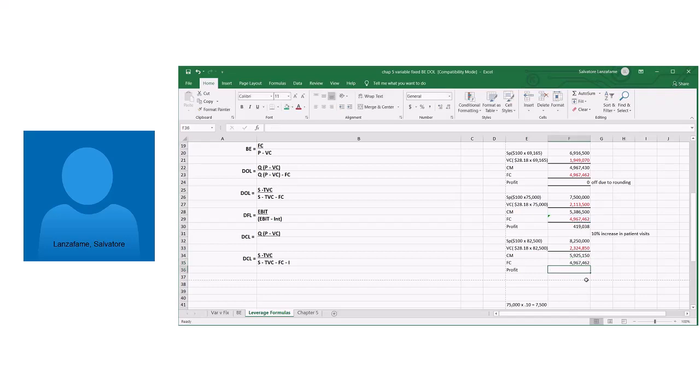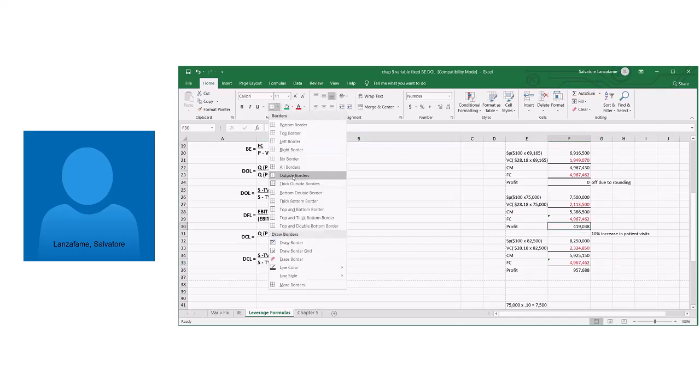I'll have the same fixed costs. Remember, your fixed costs are not affected by your activity, so they remain the same no matter what. So now we end up with 957,688 of profit.